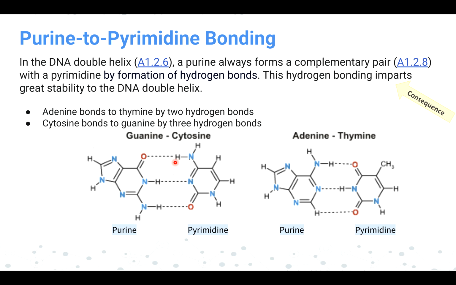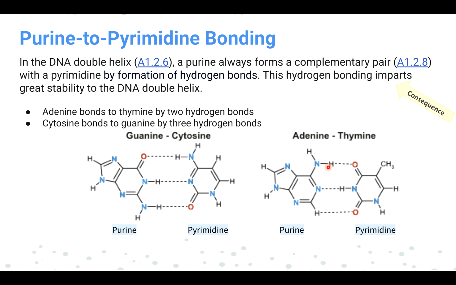When hydrogen comes in between two electronegative elements, a hydrogen bond forms. Here, this hydrogen comes between this oxygen and this nitrogen. Both are electronegative, so a hydrogen bond is formed. Here also, this hydrogen comes between two nitrogens. This hydrogen comes between nitrogen and oxygen. So there is a possibility of 3 hydrogen bonds.